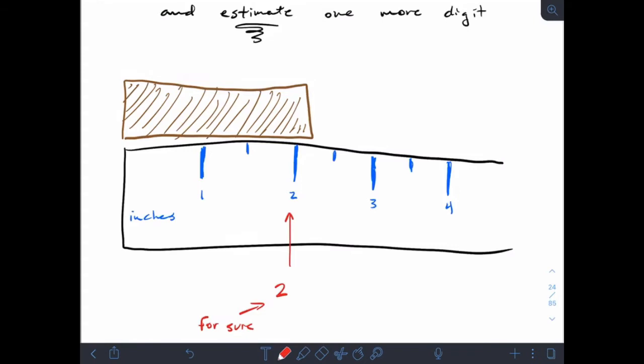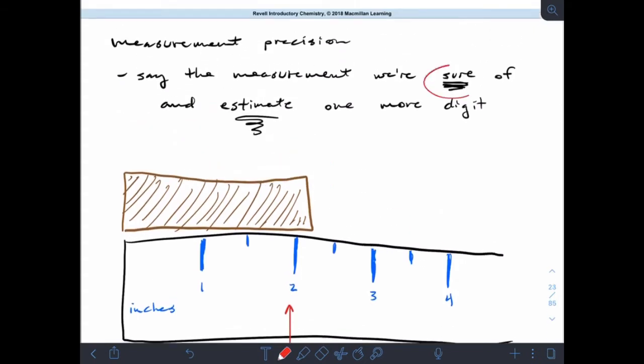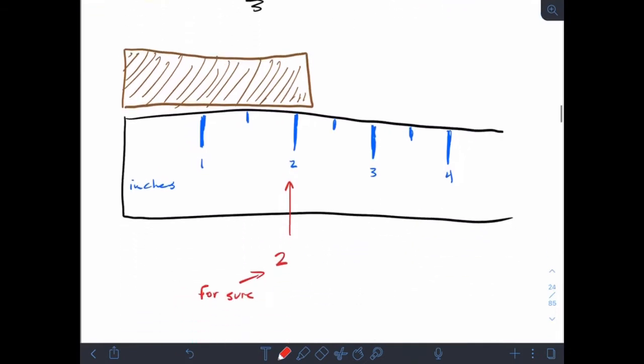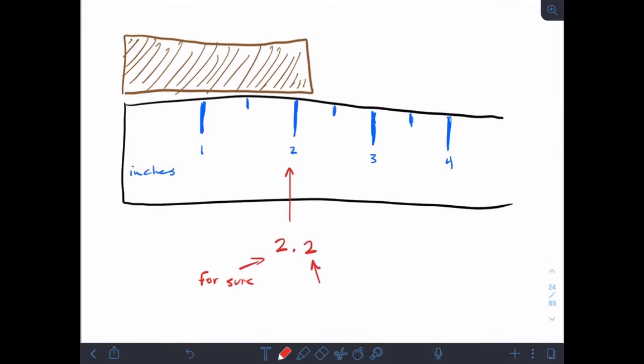When I say for sure, that's this part of how we report our measurements. And then I estimate, let's say, if that's 0.5 in the middle, I'm going to estimate that it's like 2.2. So that 0.2 is the estimate.